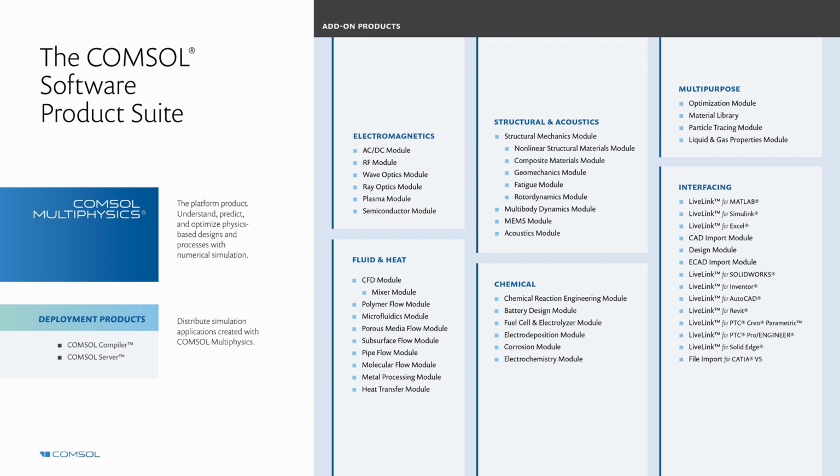And there are also bidirectional links, like LiveLink products. There are links for MATLAB and Simulink. So if you wish, you can use a controller built up with Simulink blocks and run a co-simulation using COMSOL Multiphysics. And there are bidirectional links for various CAD software.